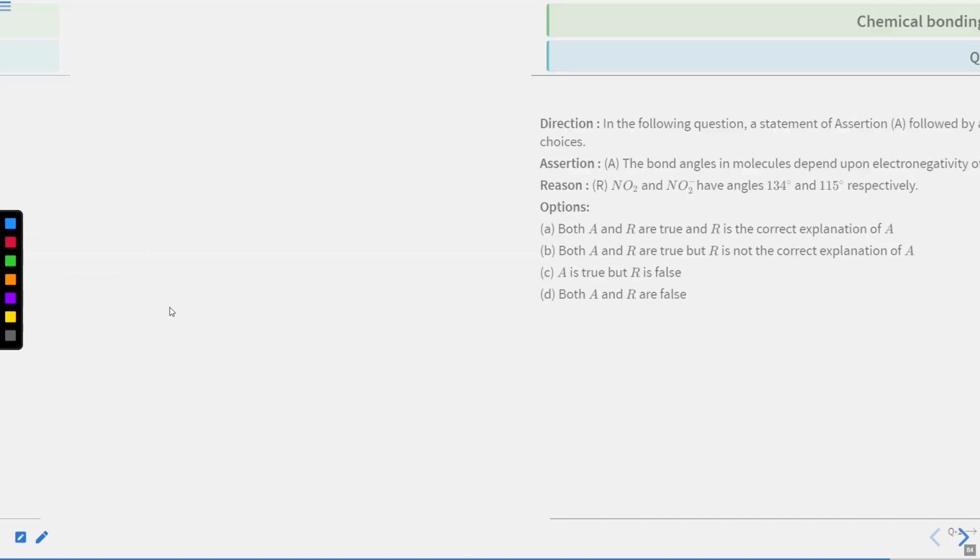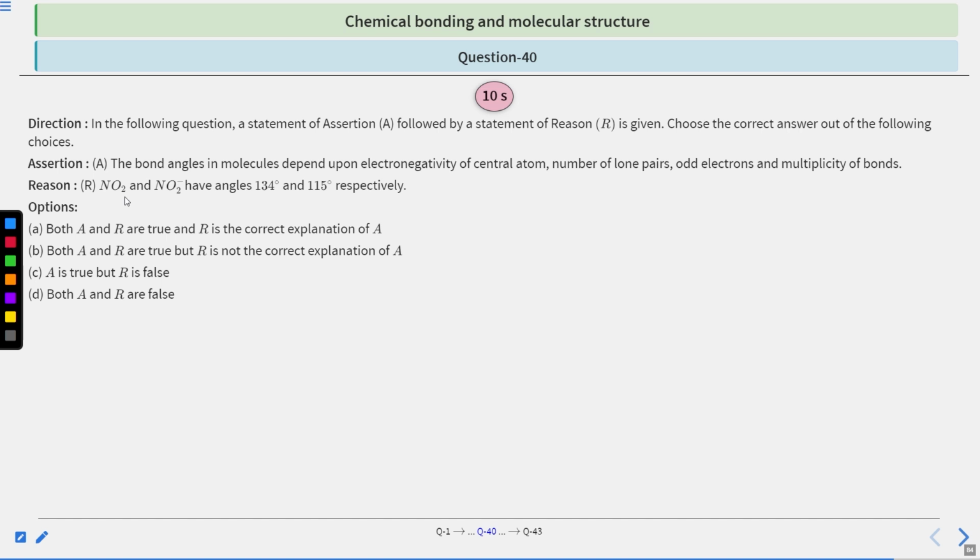Moving on to the next question, question number 40. We are given a direction: in the following question, a statement of assertion A followed by a statement of reason R is given. Choose the correct answer out of the following choices. Assertion: the bond angles in molecules depend upon electronegativity of the central atom, number of lone pairs, odd electrons and multiplicity of bonds.